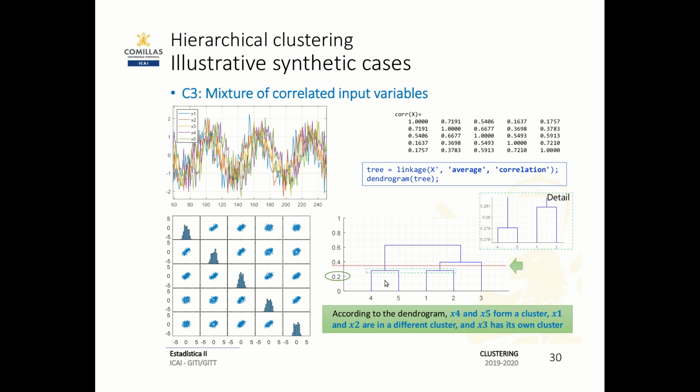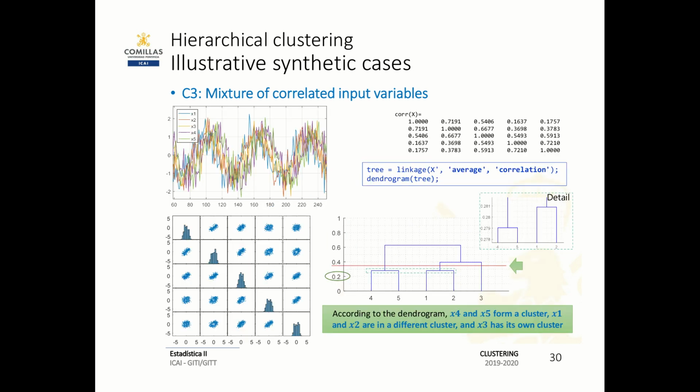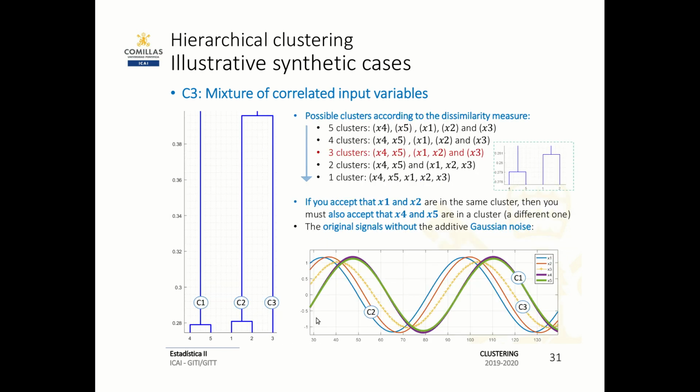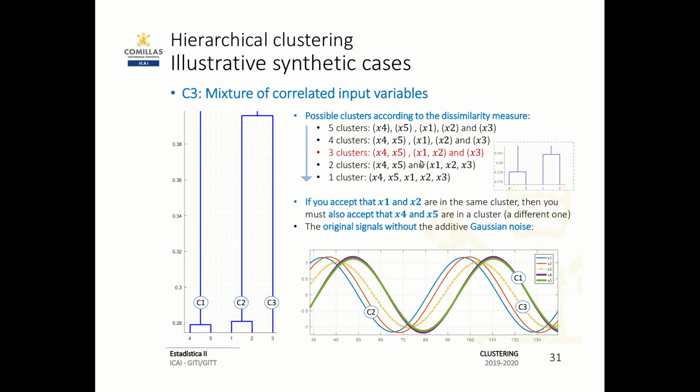And then let's say that we make a cut at a level in which we have 3 independent groups. So this was the data underneath, on top of which we had noise. These are noisy versions of these ones.